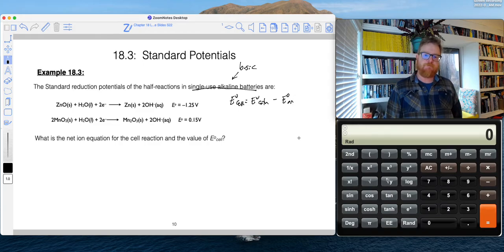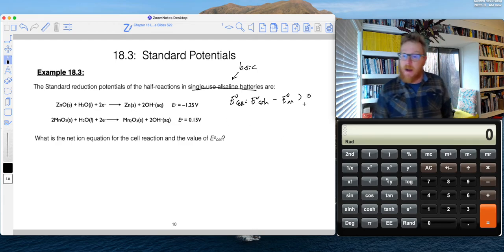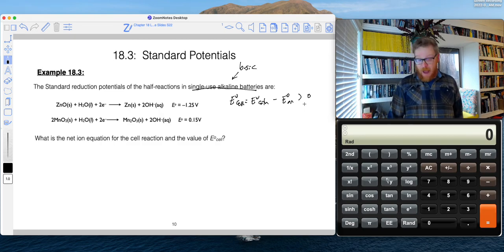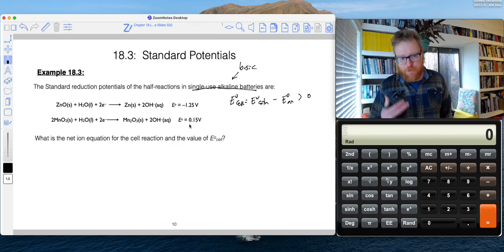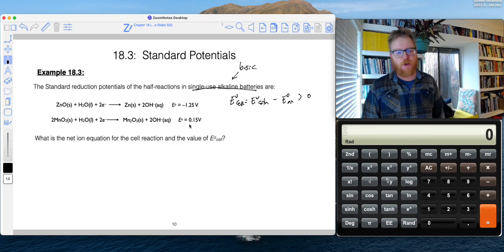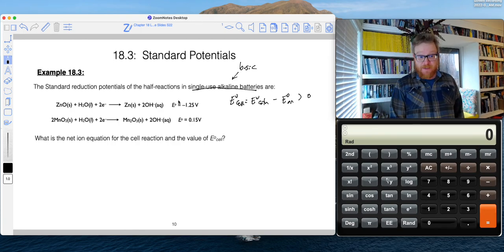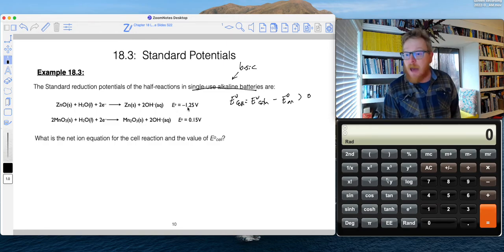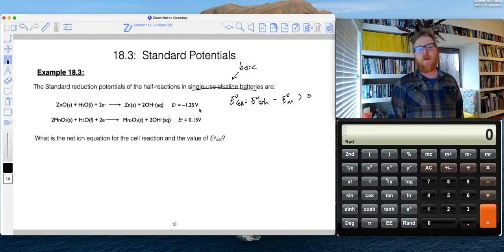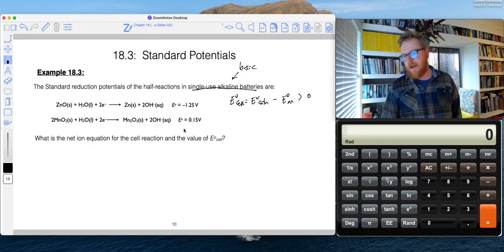Remembering that I want E cell to be positive and maximum value, if I flip the negative 0.15, I have a negative plus a negative, which gives a negative. That's no good. But if I flip this zinc half reaction to become an oxidation potential, that's going to make that positive. And when I add a positive and a positive together, I get a positive number.